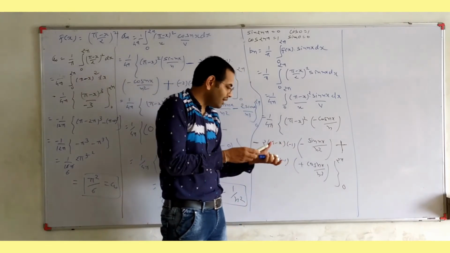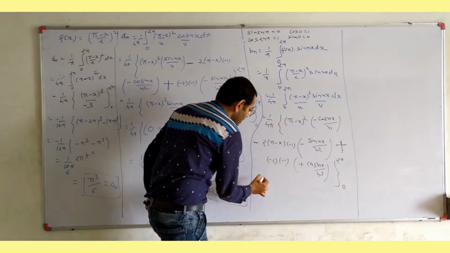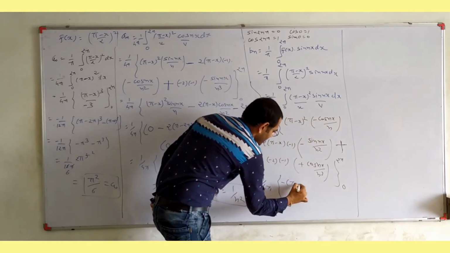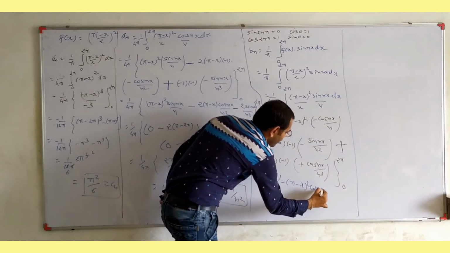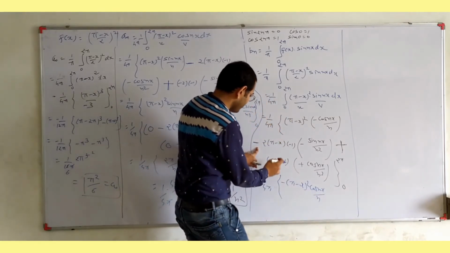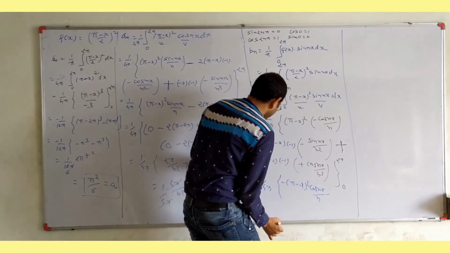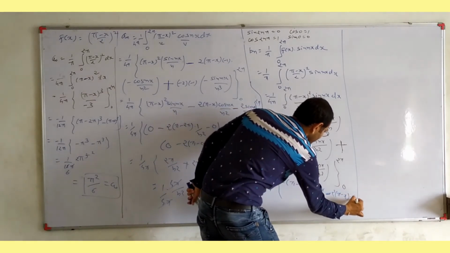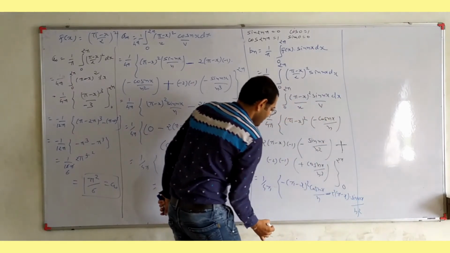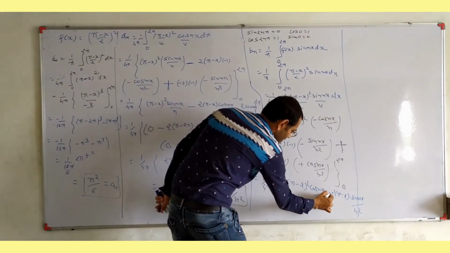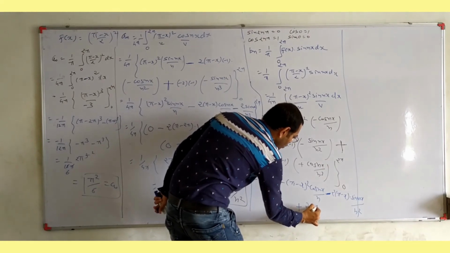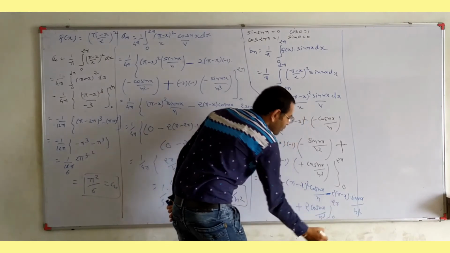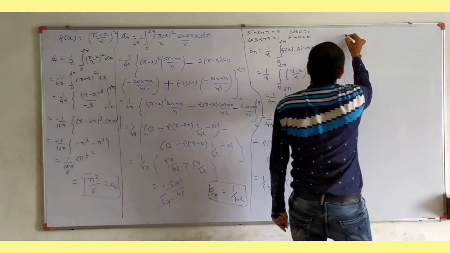Then upper limit minus lower limit. First we simplify this term: minus pi minus x whole square cos nx by n, minus minus minus 3 times minus and minus, 2 pi minus x into sin nx by n square, minus minus plus, that is minus and plus 2 cos nx by n cube, 0 to 2 pi. Then upper limit minus lower limit.